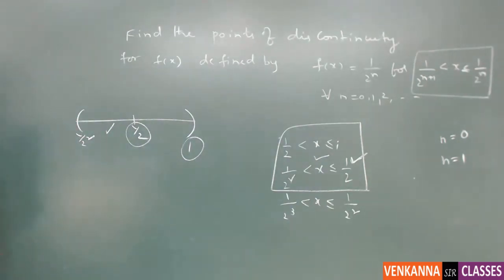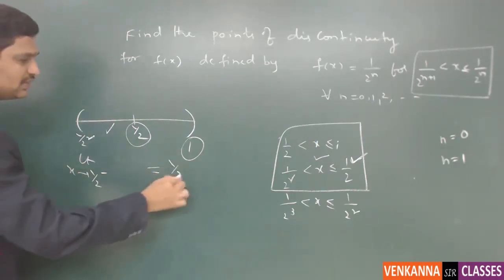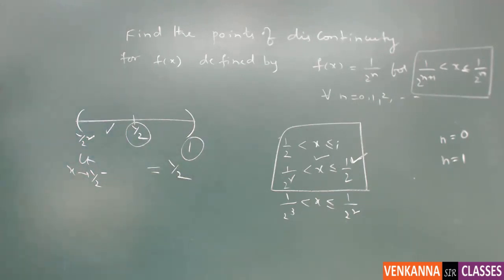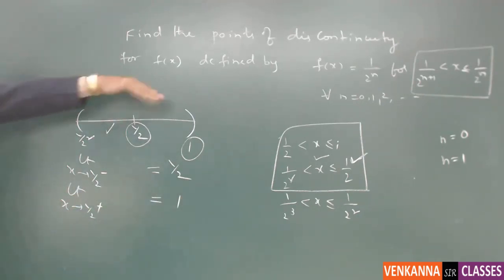Fine. So if you calculate the limit as x tends to 1 by 2 minus, the function value will be 1 by 2. If you calculate the right limit, limit x tends to 1 by 2 plus f of x, its value will be 1. Agreed? Is it giving an idea or not?